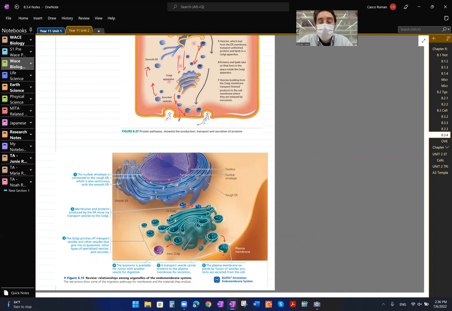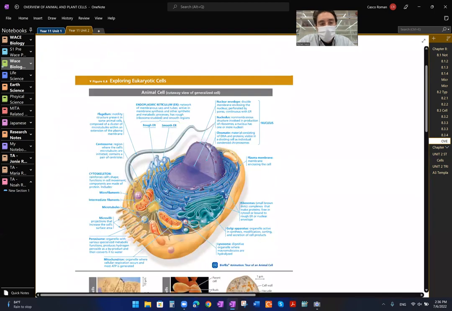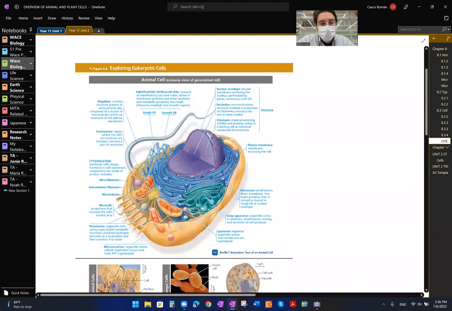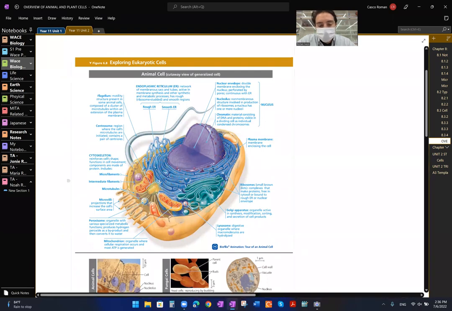But that's essentially the organelles that you need to know. All right. Any more than that, I will let you know. But I think these are the essential ones that you need to memorize. Okay. I've also placed on your notes an overview, right? A little chart overview of what you need to learn.